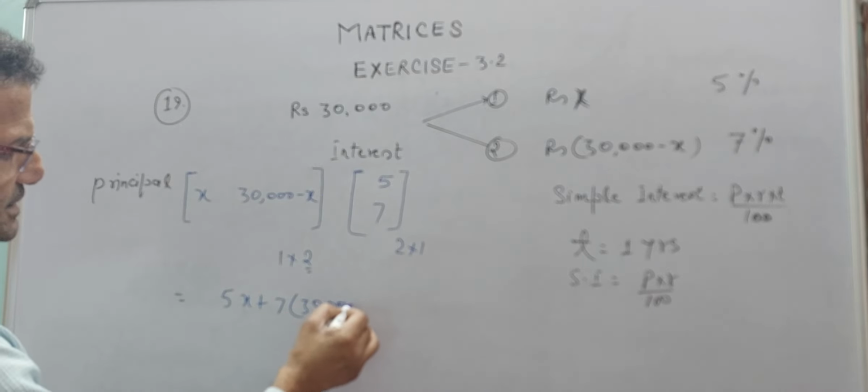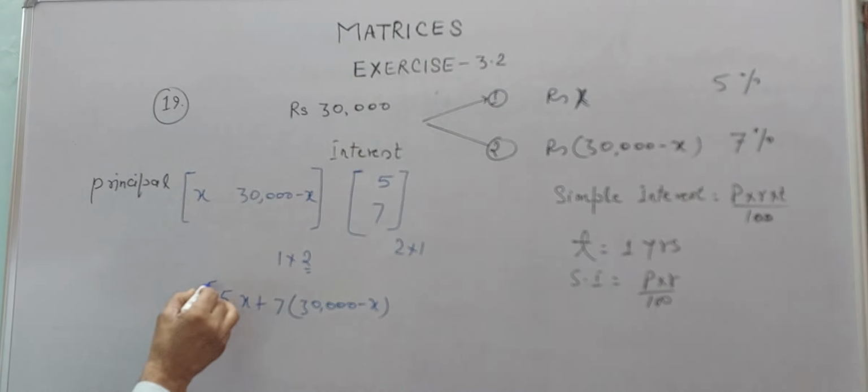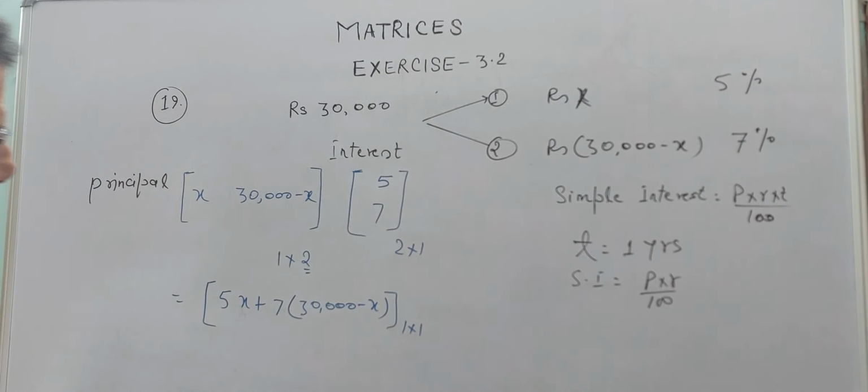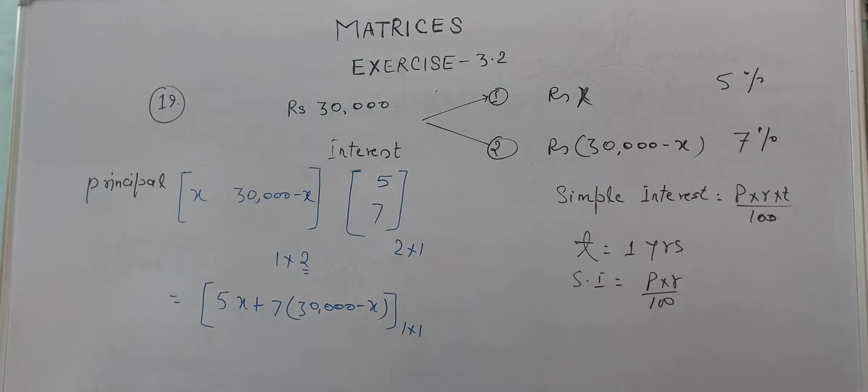So 5 into X plus this into this, 7 times of 30,000 minus x. So this is only 1 row and 1 column. So we need this one. This is a simple method. Final elements we have only 1.